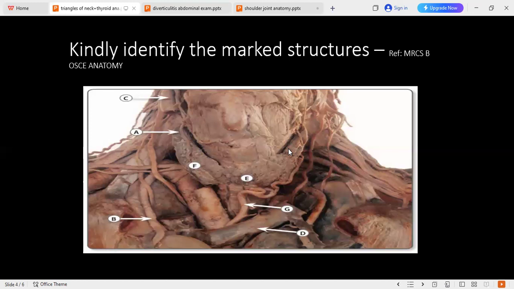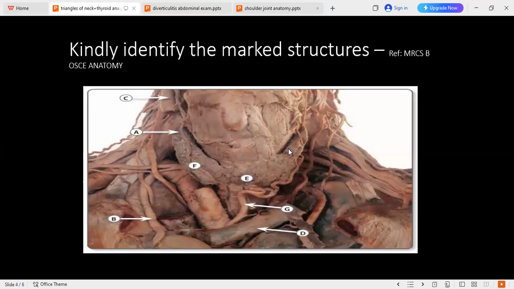Because the thyroid is attached to the pretracheal fascia, and the pretracheal fascia is attached to the hyoid bone, and the hyoid bone is attached to a muscle of deglutition and larynx, so it moves up and down with the deglutition. What are the posterior relations of the thyroid gland?